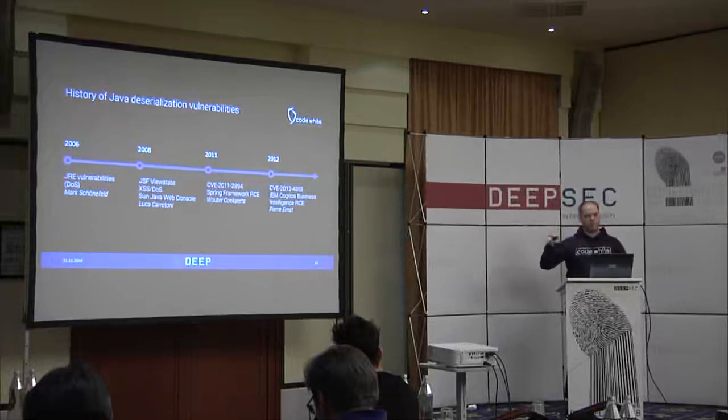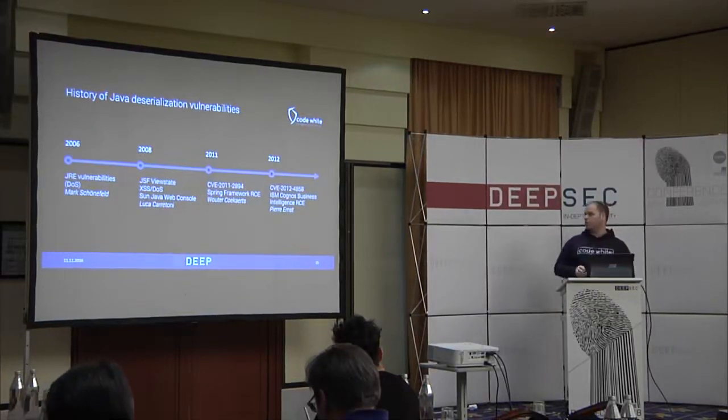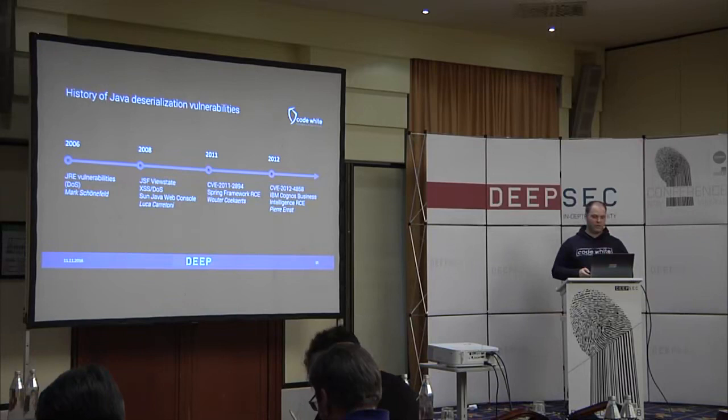What happened in the JVM is that it crashed because there was an overflow. The next one who was talking about it was Luca Carettoni. He was able to create a denial of service or XSS in a JavaServer Faces implementation.